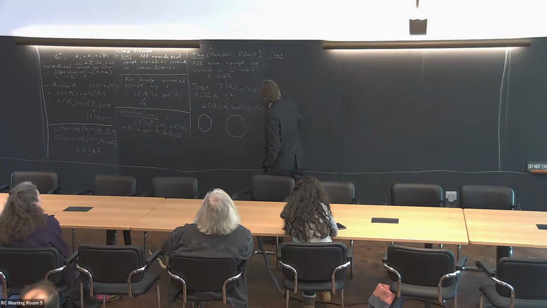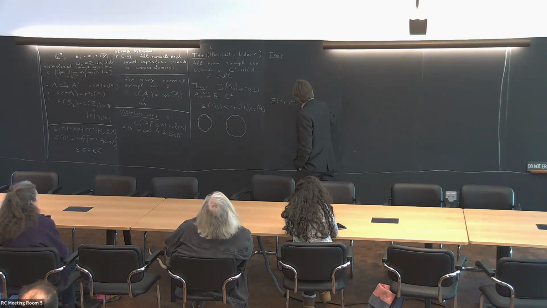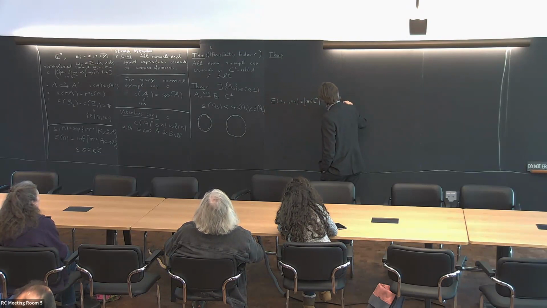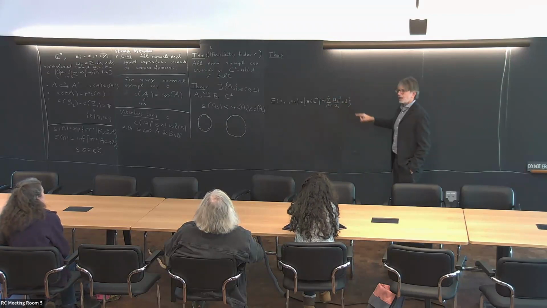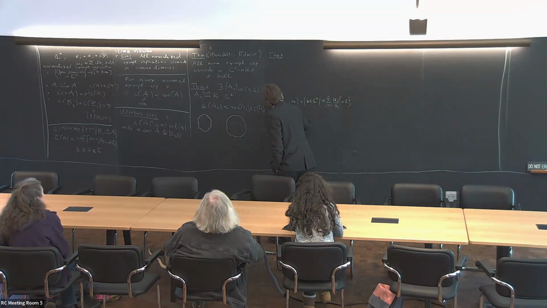If you take an ellipsoid, by means of a linear symplectic transformation, you can always bring it to a standard form: the sum over j from 1 to n of c_j squared divided by a_j less than 1. This is the standard complex ellipsoid.